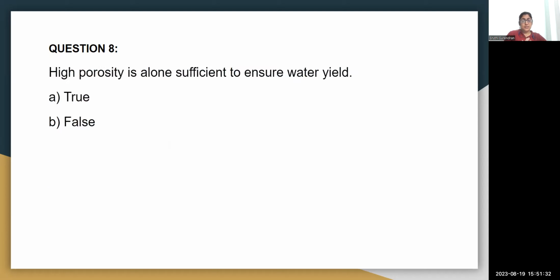High porosity is alone sufficient to ensure water yield. Is this statement true or false?